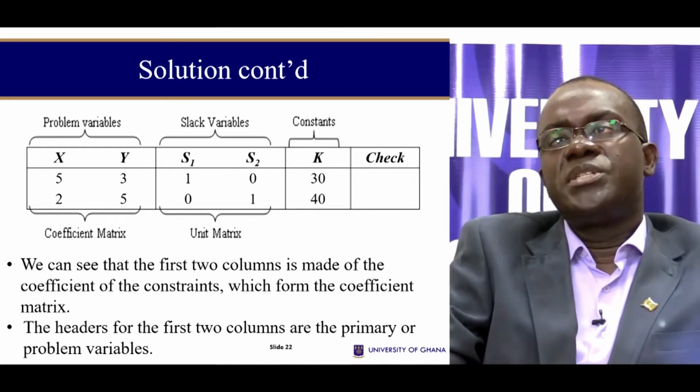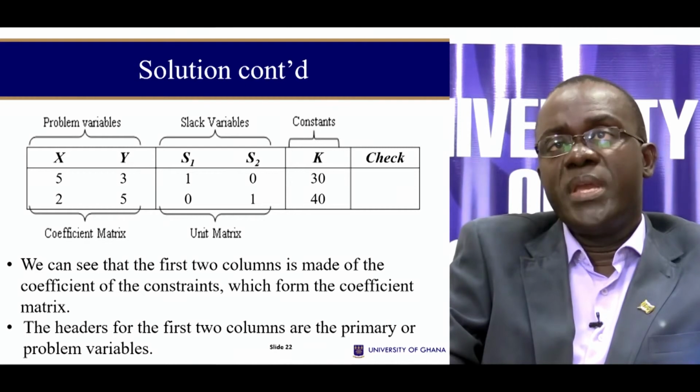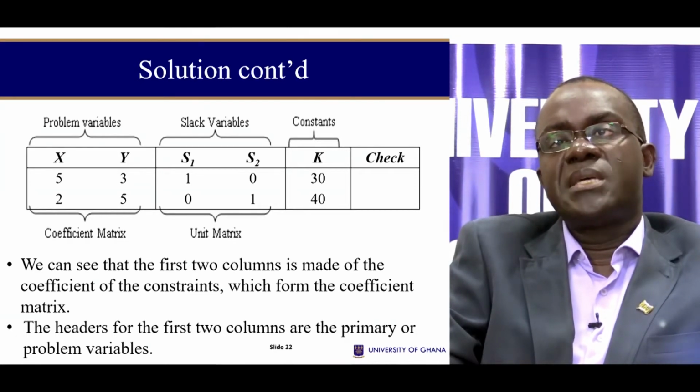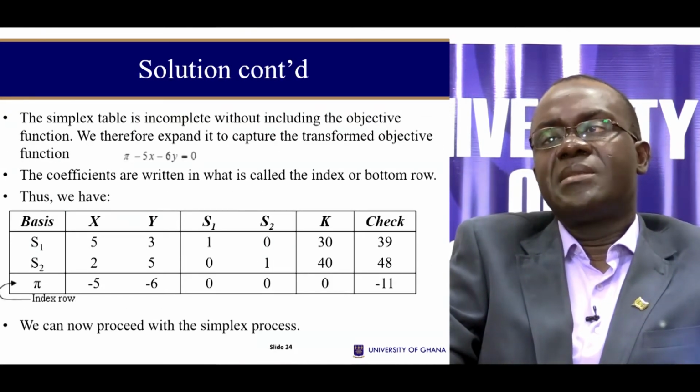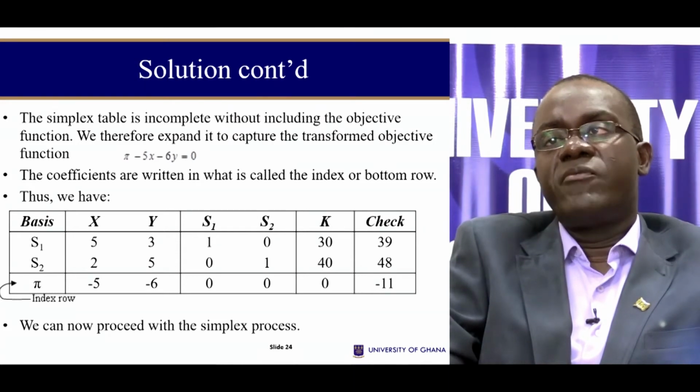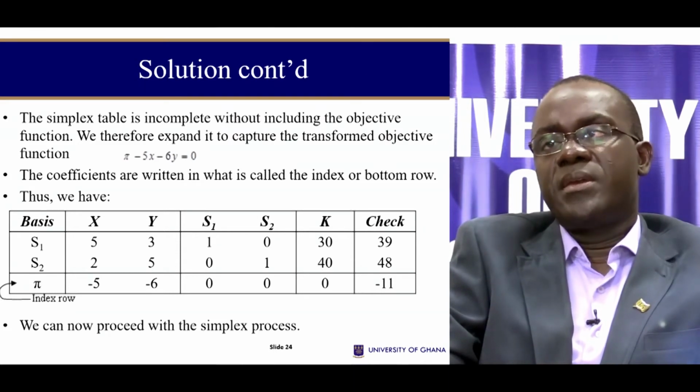Now, in our equation, we can write the equation in this form. This is our usual equation, the 5, 3, the 2, and the 5. These are slack values that we've introduced, and this is the constant of our equation. The next point is that we take our time, and then from here we have a check.